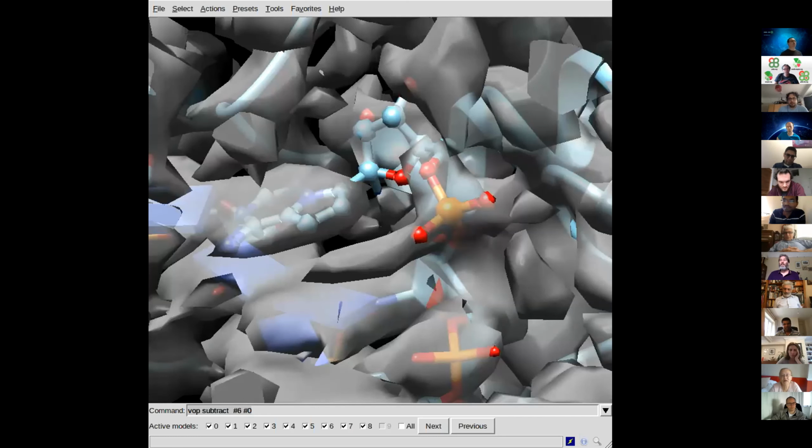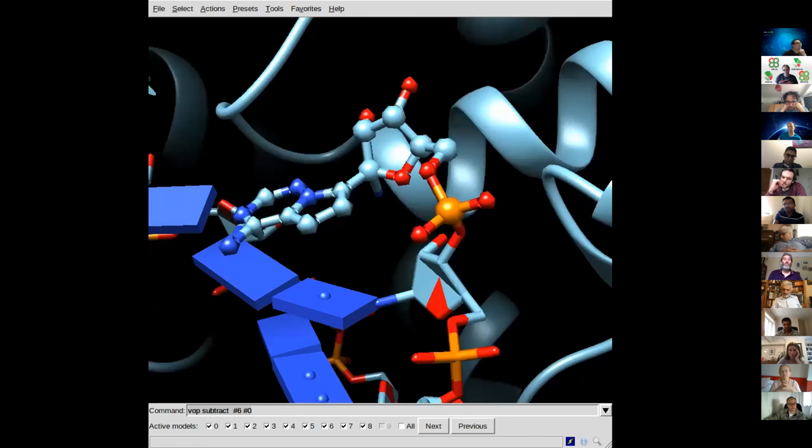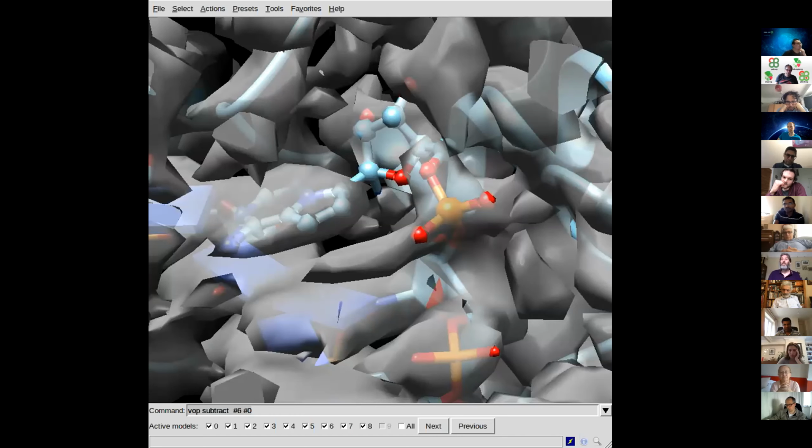What we've got here is I'm looking at the density of Remdesivir. Is that how we pronounce it? Overlaid with the Remdesivir map.